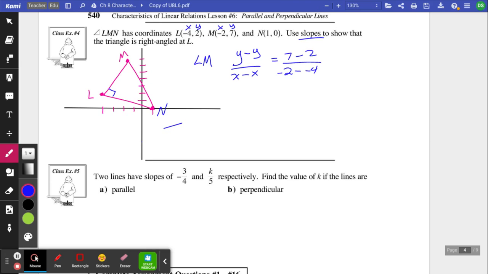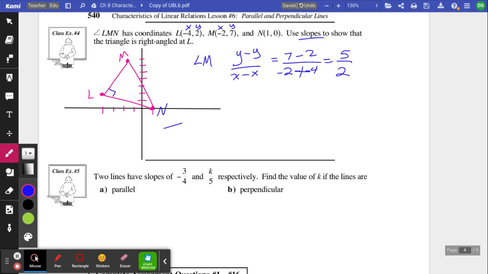We labeled the points, right, Cece? Yeah. Okay, 7 minus 2 is 5. Turn that into a plus. -2 plus 4? 2. That's the slope of that one. LM is the slope of 5 halves. Is it a positive slope? Do I expect LM to be a positive slope? Yes, it looks positive, uphill. Okay, good. Everything matches. My picture and my algebra needs to match.